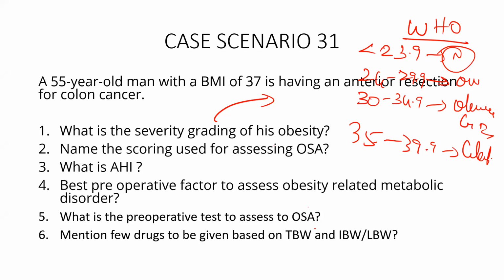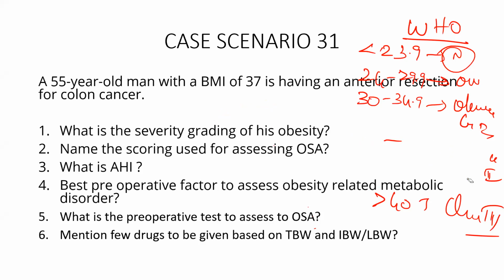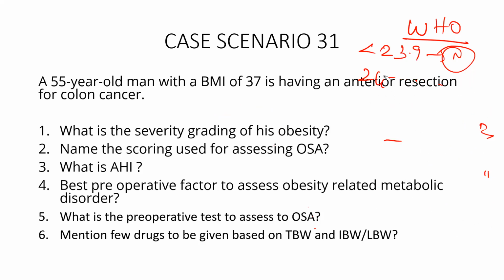See, when they say WHO classification, you have to tell what WHO tells. And 40 to 45, class 3. So what class does this patient come? This patient comes under 37, so grade 2. Class 2 obesity, or grade 2 obesity as per WHO classification.